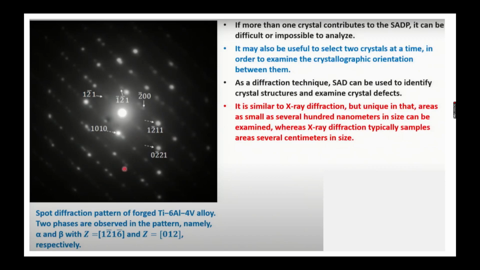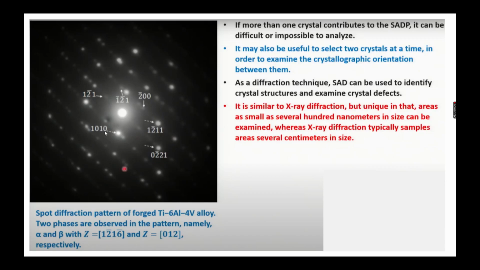Here SAD can be used to identify the crystal structure. By using the SAD aperture you will be able to see more diffracted spots, and if you can see more diffracted spots, you will probably be able to find out the crystal or the orientation of the crystal.